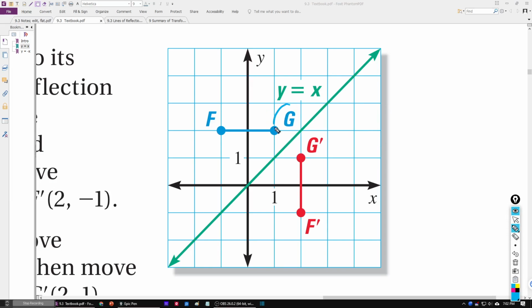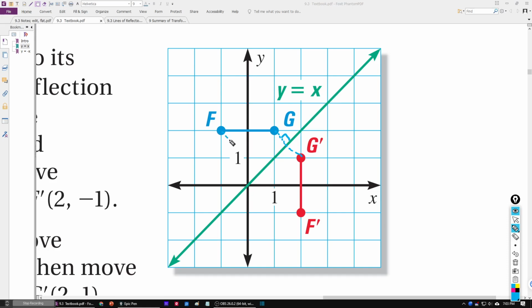So here's your pre-image of G, and the line of sight from your pre-image to your image is always going to be perpendicular to your line of reflection.